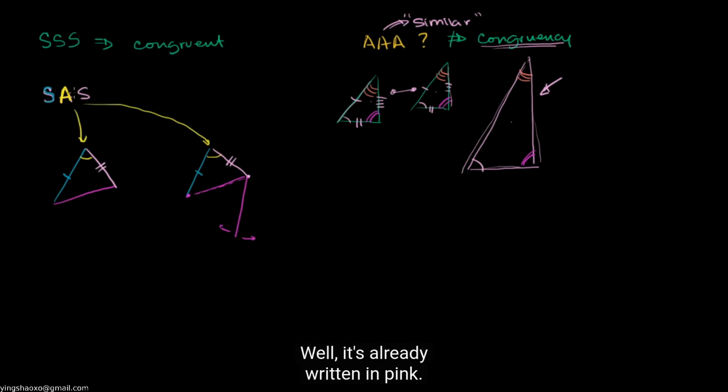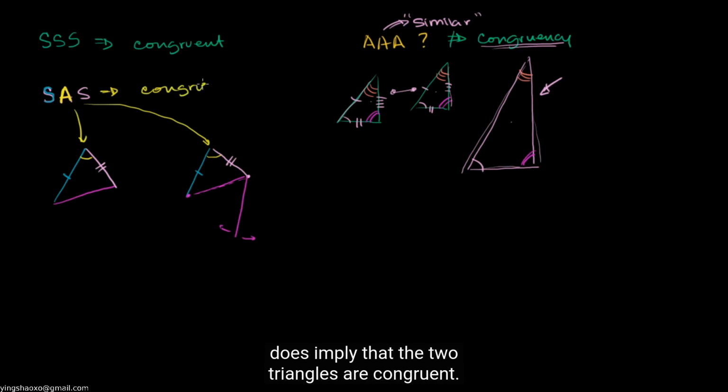So if two corresponding sides have the same length, and the corresponding angle between them is the same, the triangles have to be congruent. There's no other place to put this third side. So SAS, and sometimes it's called a postulate, an axiom, or if it's proven, a theorem, does imply that the two triangles are congruent.